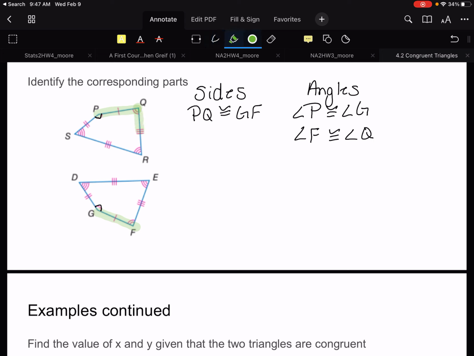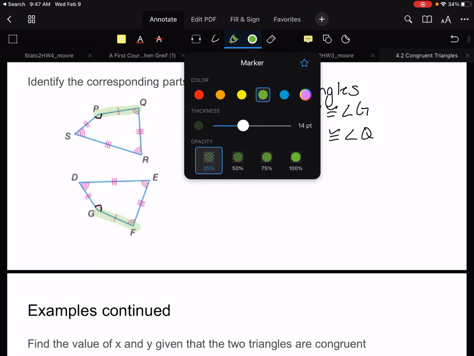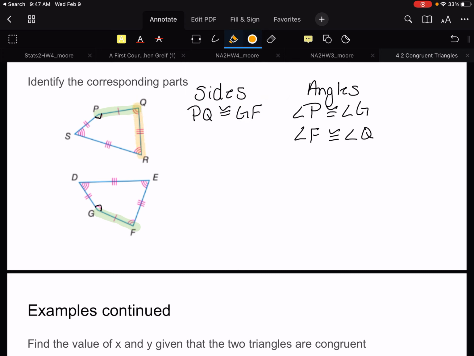So then Q to R, and I'll change colors here. Q to R, so I have two lines here, so F to E. So I already said that Q and F are congruent, so R and E should be congruent, and notice they are.